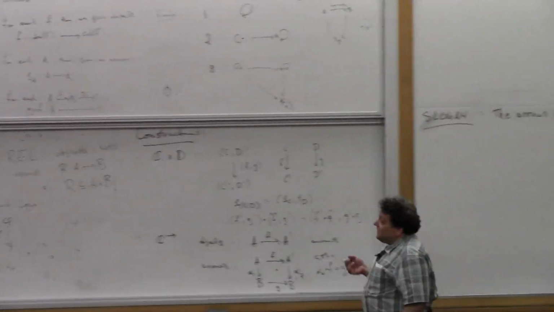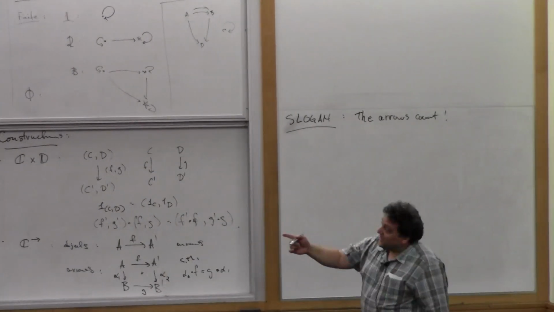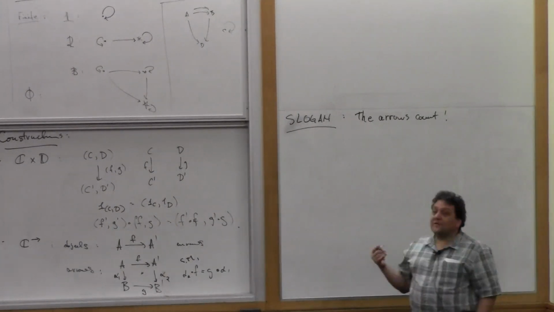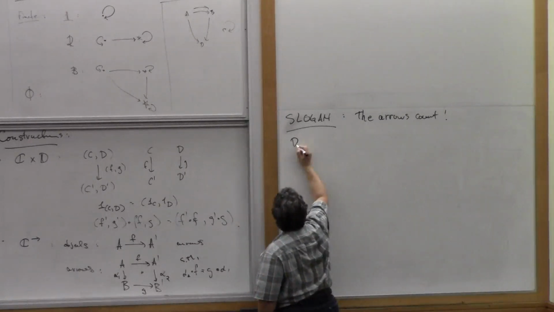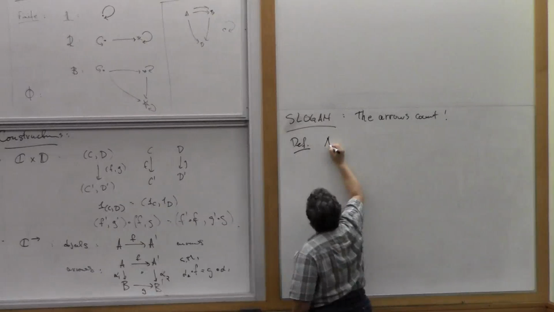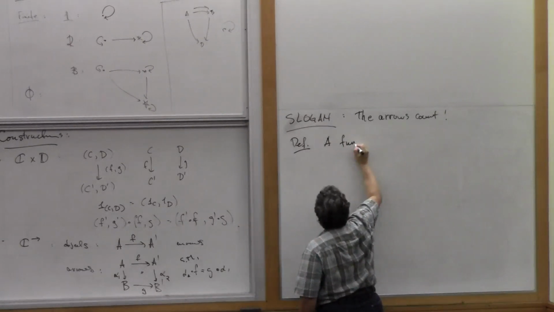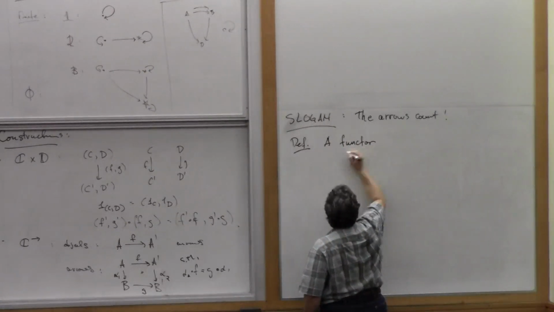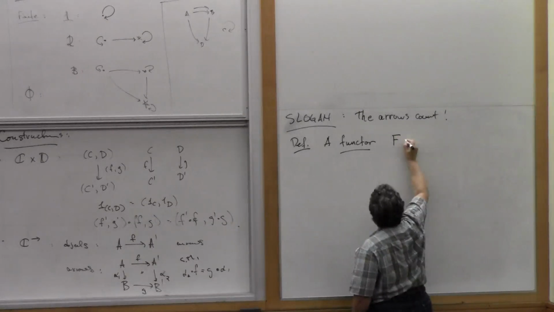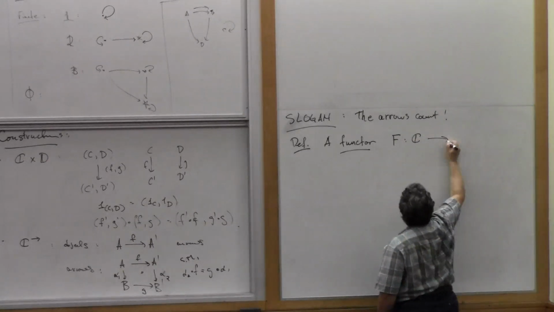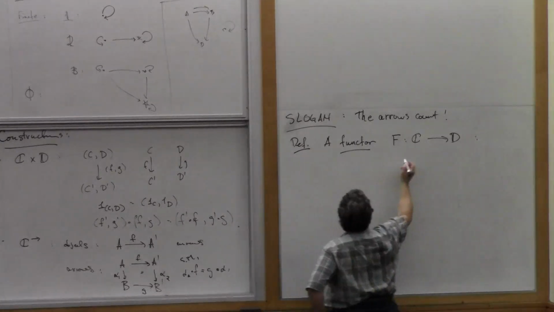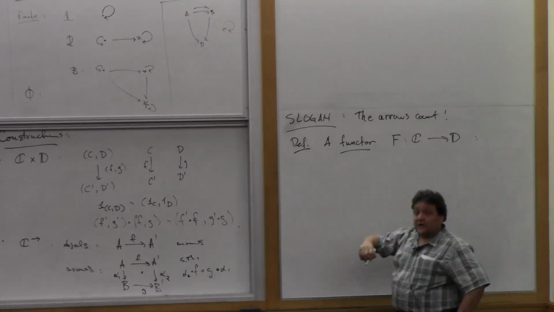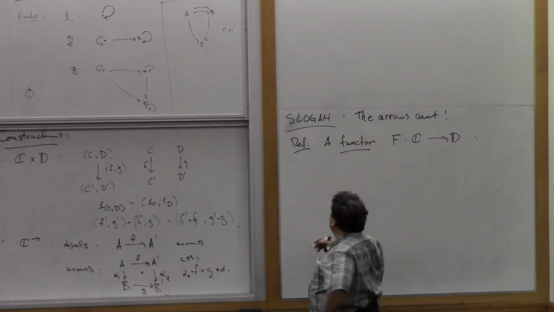So given that, as soon as I've defined over there what a category is, you should ask me, what are the maps of categories? Right? And that's a functor. So a functor, that's the idea of a map of categories. Functor F from one category C to another category D, what is that? Well, just like a category has two parts, objects and arrows, a functor also has two parts.